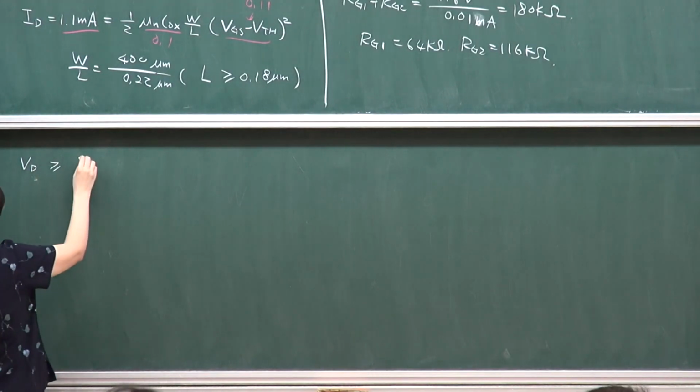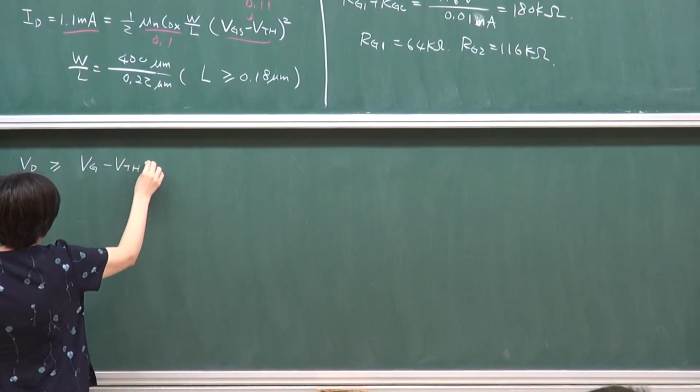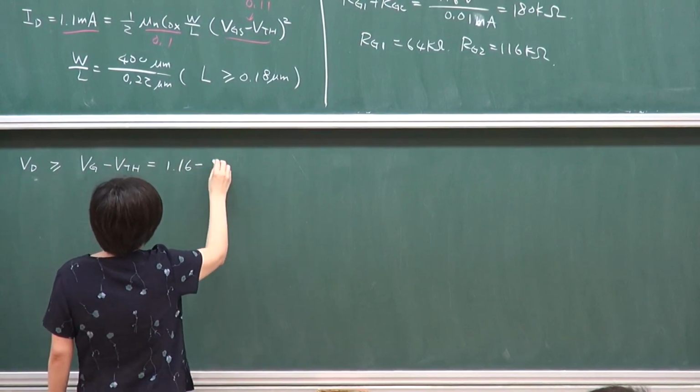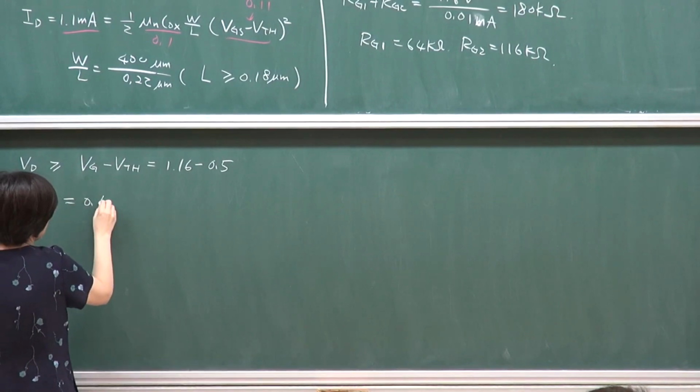So VG is 1.16 minus VTH is 0.5, so this would be 0.66.